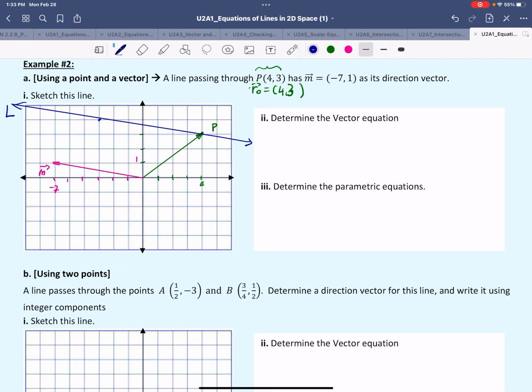So the vector equation will be r equals r0 plus t vector m. That would be (x, y) equals r0, in our case (4, 3), and then plus t(-7, 1). This would be the vector equation in our case.